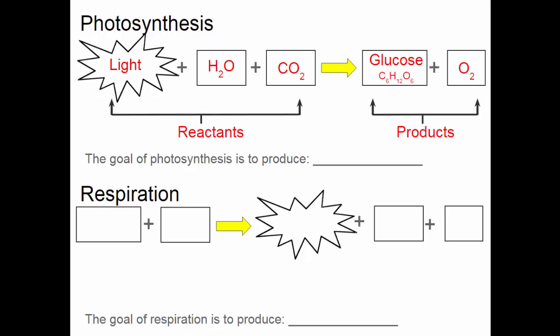So the purpose of photosynthesis for plants is to allow them to make their own food, glucose. Plants don't need to go out and find things to eat. That's because they can go through this process of photosynthesis.